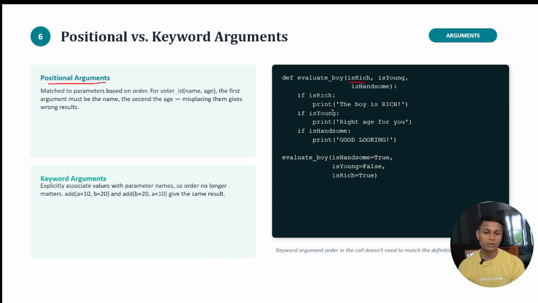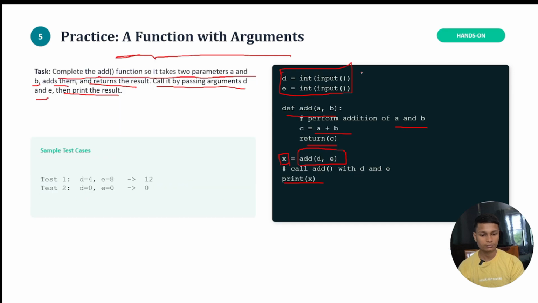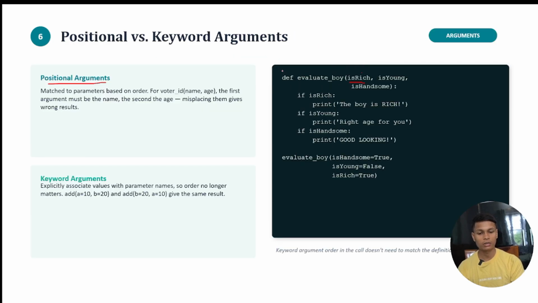So in simple words, let's see here. Let's take an example. Here we are going to create a function which is evaluate_boy with is_rich, is_young, is_handsome.